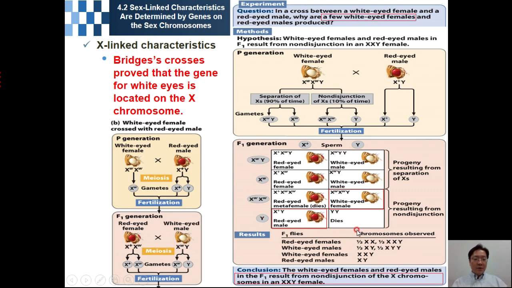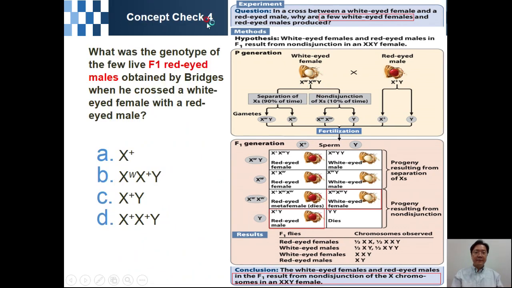Okay, so the conclusion is that the white-eyed female and the red-eyed male in the F1 generation are a result of non-disjunction of the X chromosomes in the XXY female. Okay, so this is a concept check.